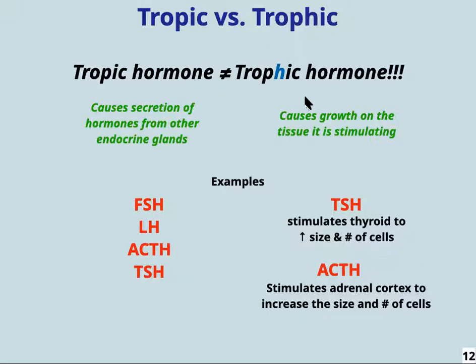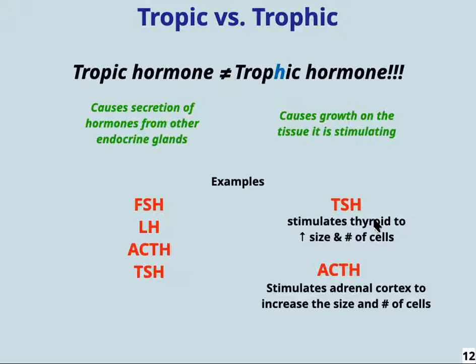On the other hand, trophic, spelled P-H-I-C, are hormones that induce growth on the tissue that they bind to. So for example, the thyroid stimulating hormone or thyrotropin, when it binds to thyroid, not only causes thyroid hormone release, but it also stimulates the thyroid to grow in size.